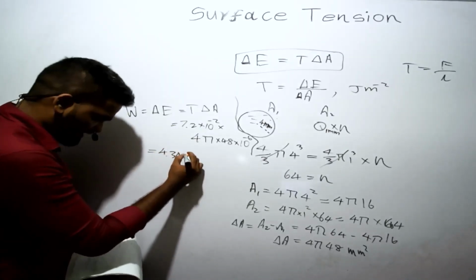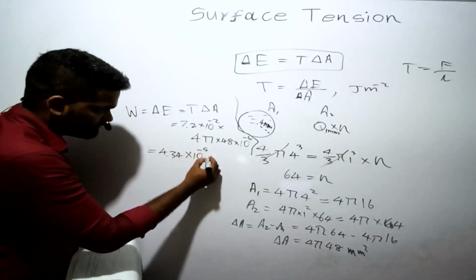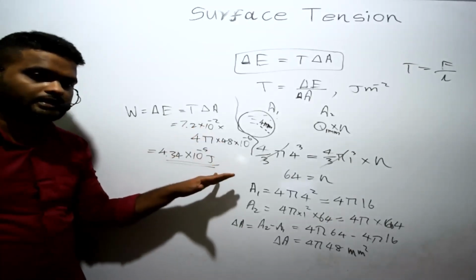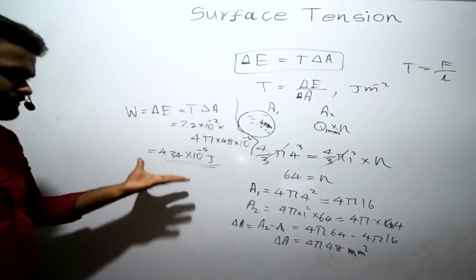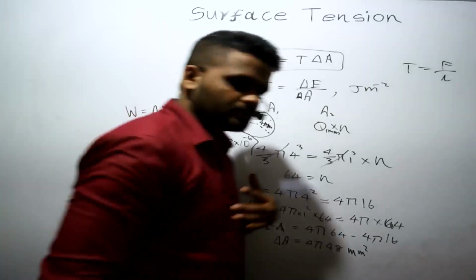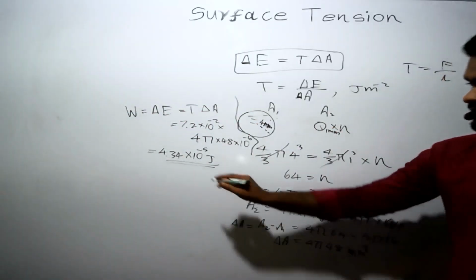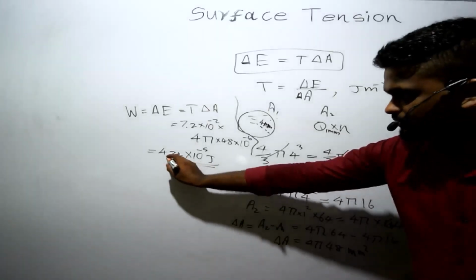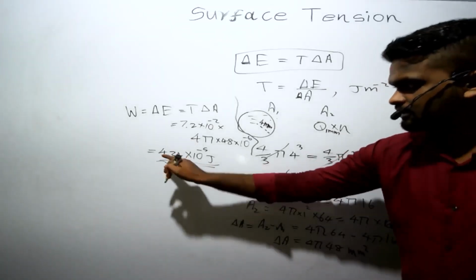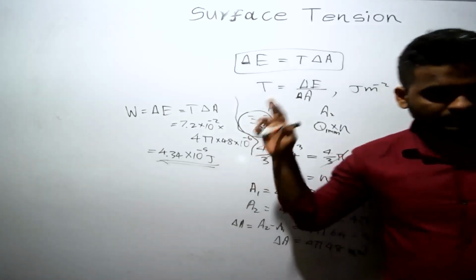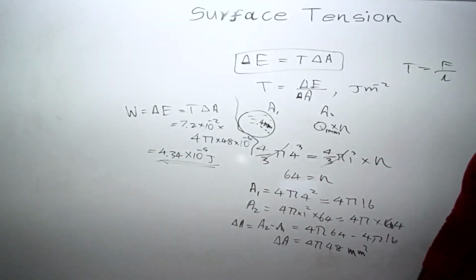So you will get a value something like this. You have to solve these problems again at home, okay? For now, just take this down because we don't have time for the simplifications. So this much of energy. Once you take it down, thumbs up.